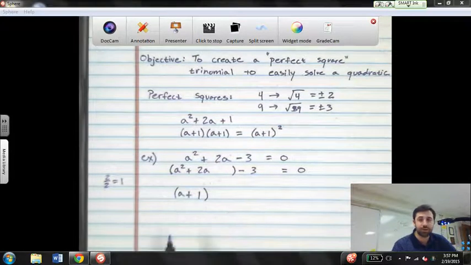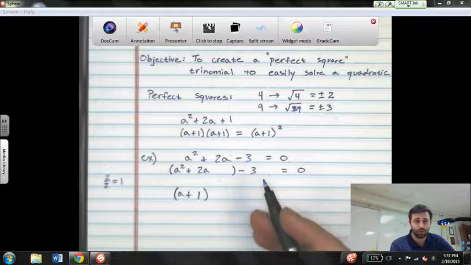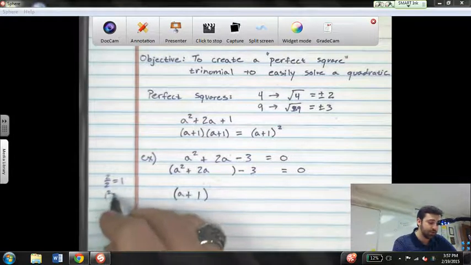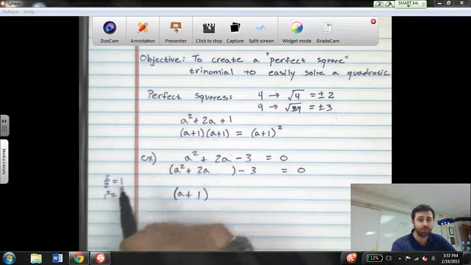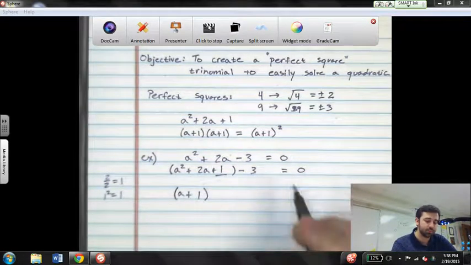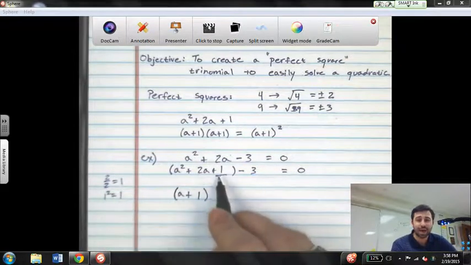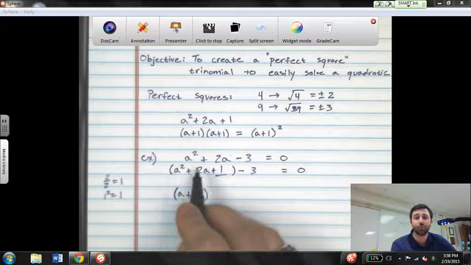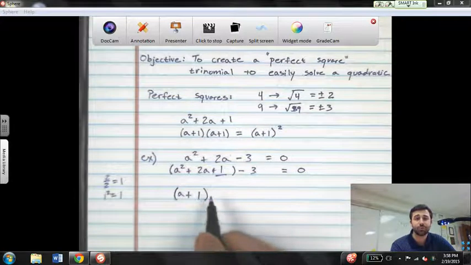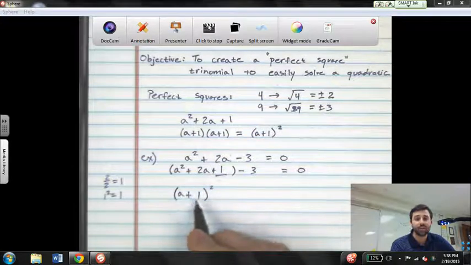I know that one of the factors of this perfect square trinomial that I'm going to create is 1. Then when I take the square of this quotient, which is 1 squared, I get 1. This second quantity is what I'm going to add to my group to make my grouping a perfect square trinomial. So a squared plus 2a plus 1 will factor down to a plus 1 squared.